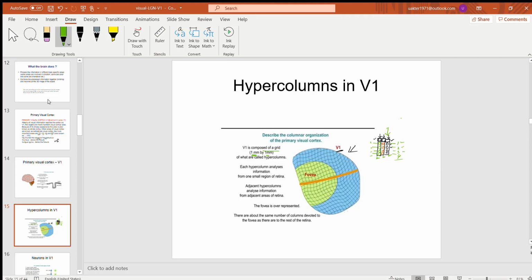That means the direction map, the ocular dominance map, as well as the color maps. So all those maps are present within each hypercolumn. So they are kind of independent. Each hypercolumn works independently.